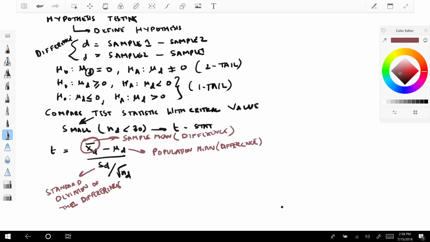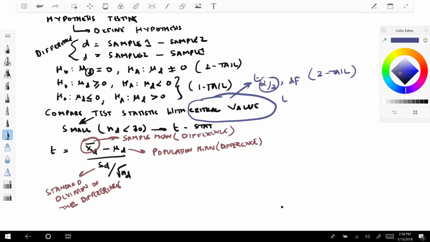So once we have this, we will compare it with the critical value. As you know, for the one sample t-stat, the critical value would be t alpha over 2 and the degree of freedom. This is for two tail, because we have alpha over 2.